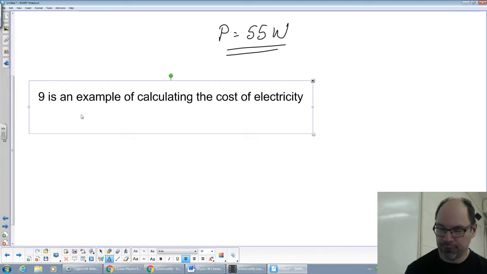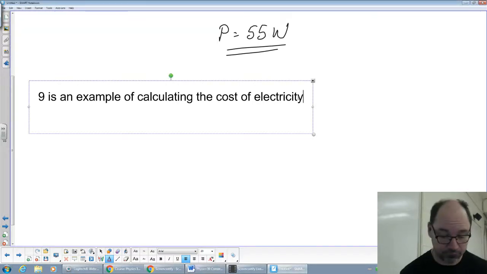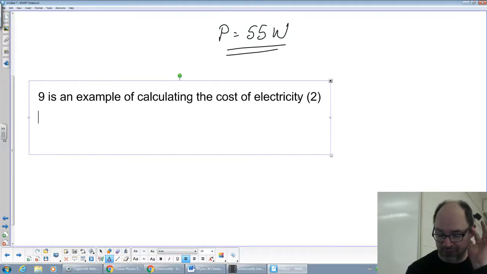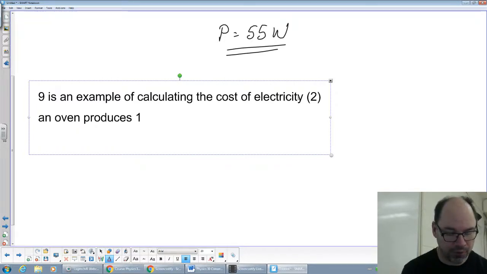Let's say that's worth 2. Okay, so for example, it would look something like this. An oven produces, let's say, 1,750 watts from its elements.